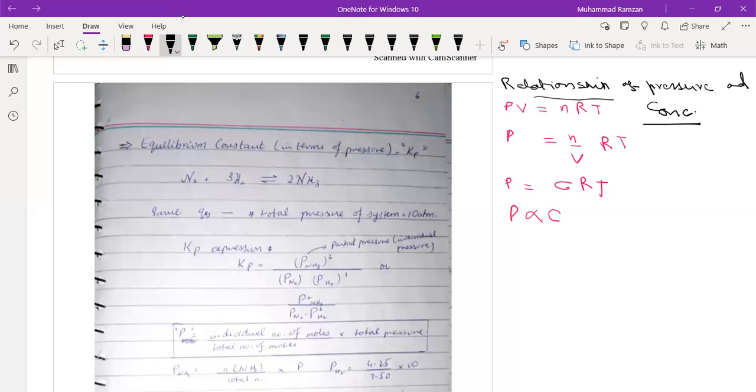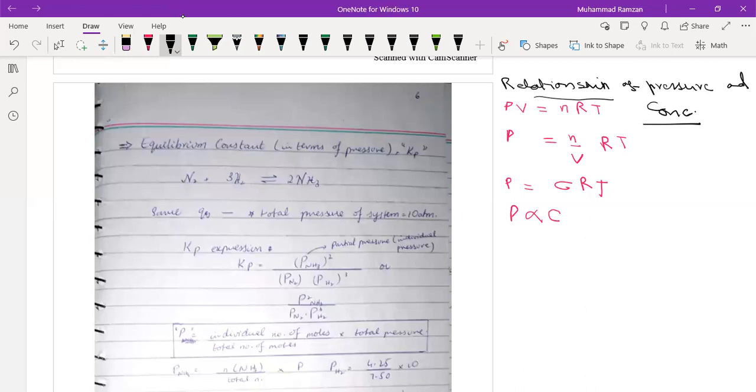So can you explain what I said? They're directly proportional because the other two things in a closed system are constant, so they don't change, which means concentration is the only one that can change.